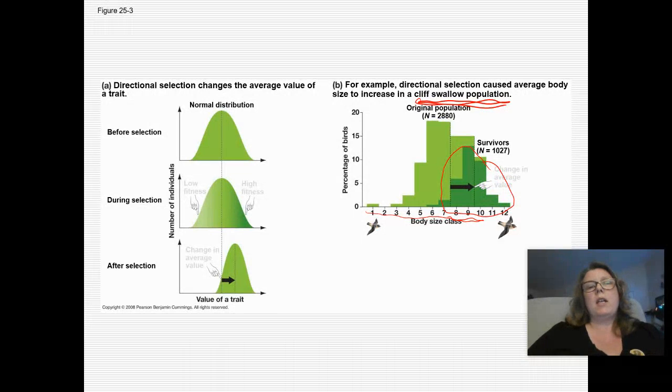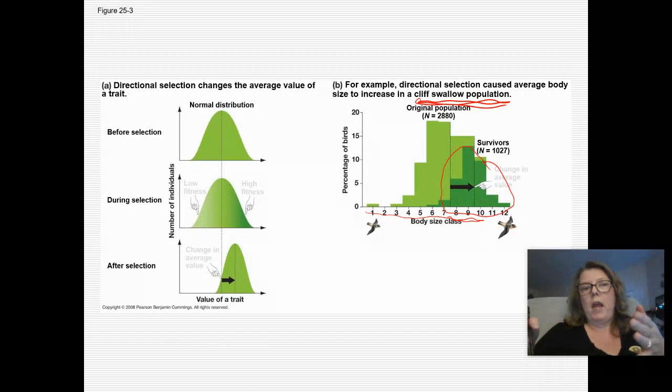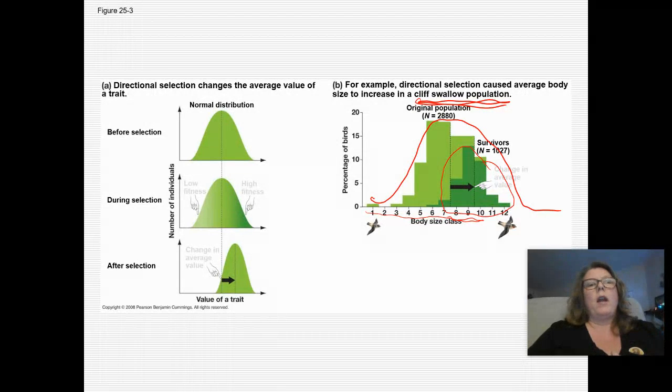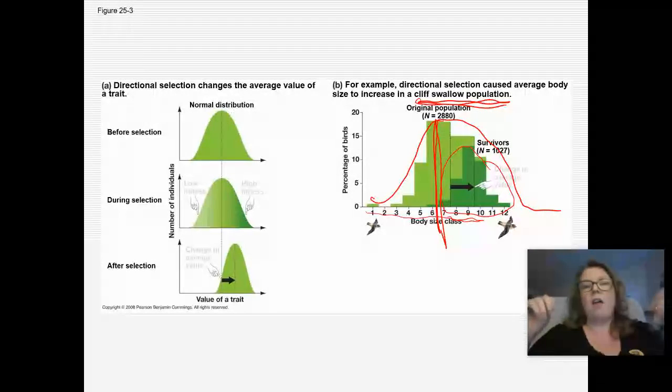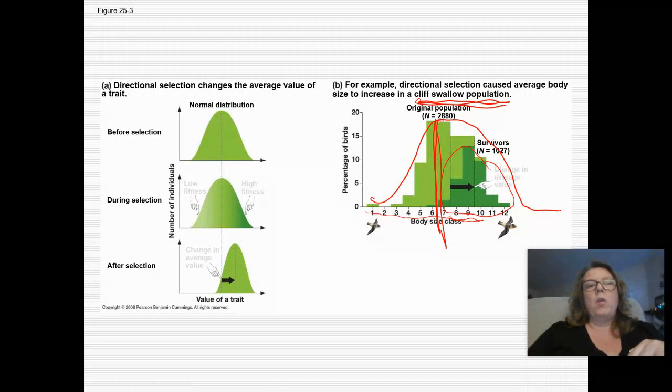And basically you've got sparrows that range from very, very small to very, very large, right? And what you can see is that you start with a bell curve here, right? That it's relatively a bell curve, right? Where the peak is here initially, right? They're in size class 6.5, right? But notice over time, this population's peak shifts to around 9. Okay, and that's what happens in directional selection.